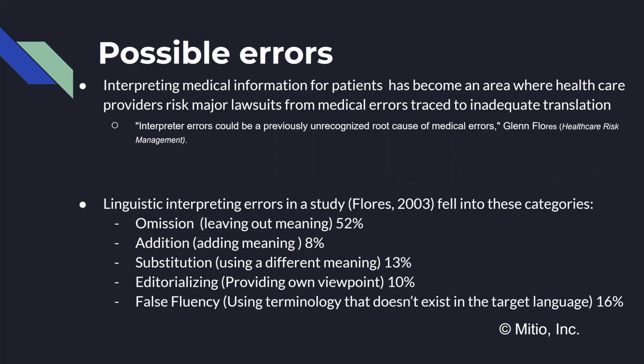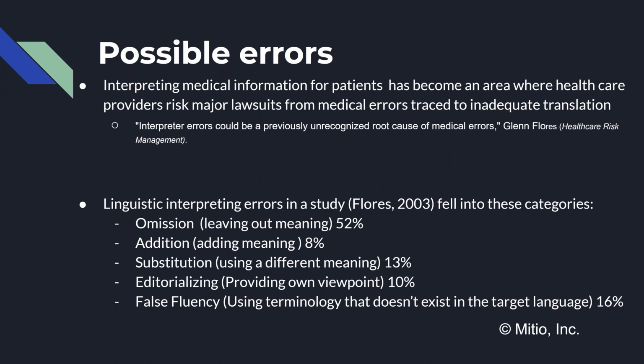And what Dr. Flores saw is that most of the linguistic interpreting errors, remember I mentioned the linguistic barriers? Well, most of the linguistic errors of the study had to do with these categories below. Omission, leaving out meaning or information, that was 52% of the errors.